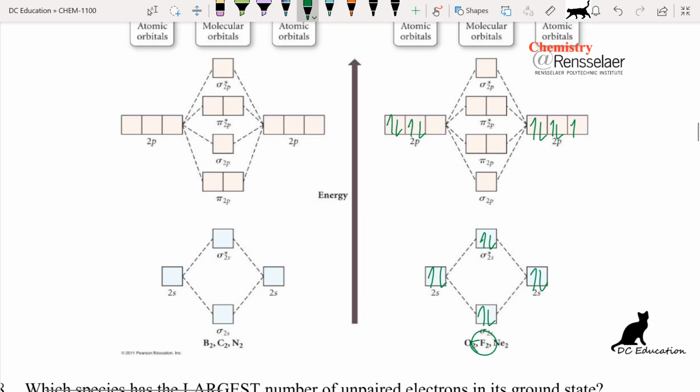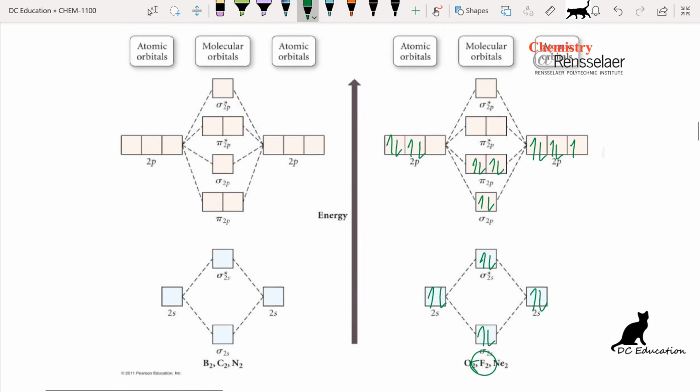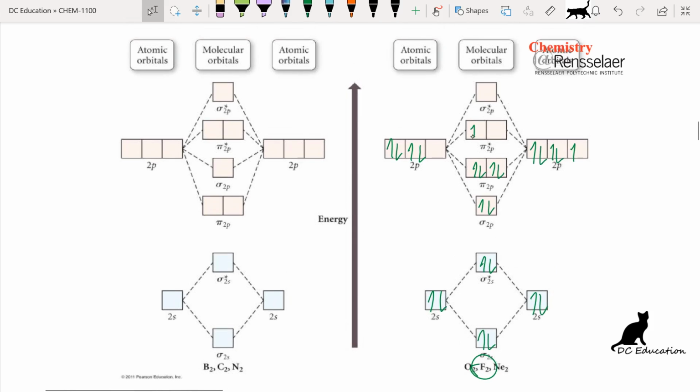We already filled out the s part of it, and let's fill out the p part. There's 1, 2, 3, 4, 5, 6, 7. And as you can see, there's one unpaired electron in the entire molecular orbital for the F2 plus.